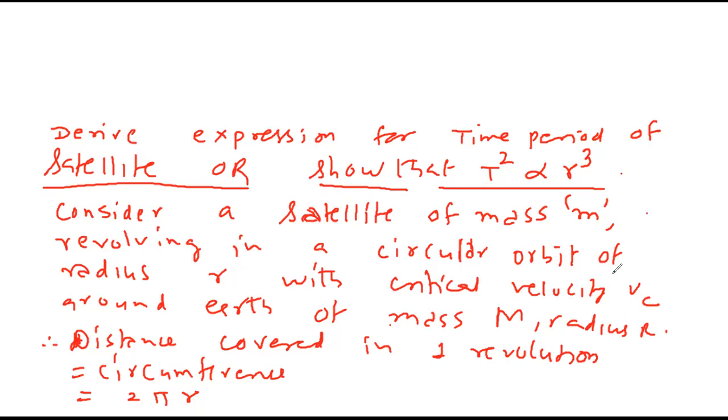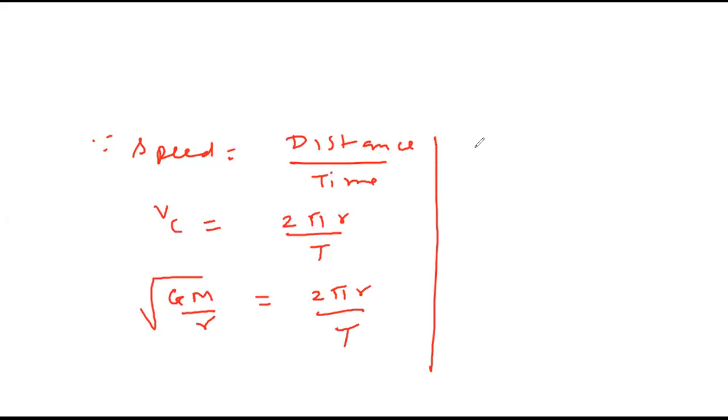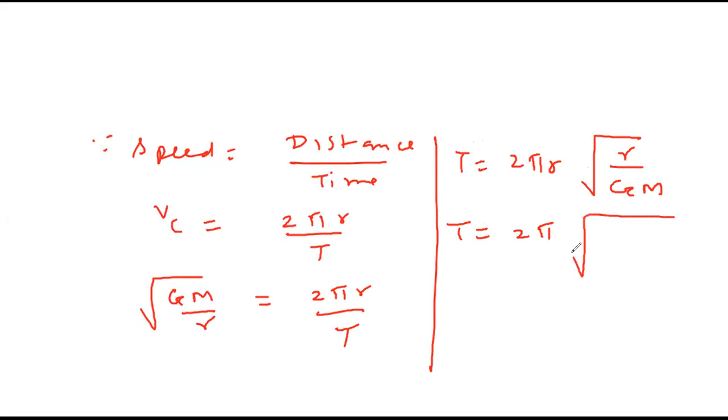Can I clear this now? Then since speed equals distance upon time, Vc will be 2 pi r upon capital T. So root of G M upon r is 2 pi r by T. So T equals 2 pi r into root of r by G M. Therefore, T equals 2 pi, r goes inside root.